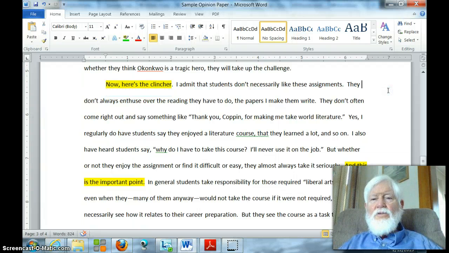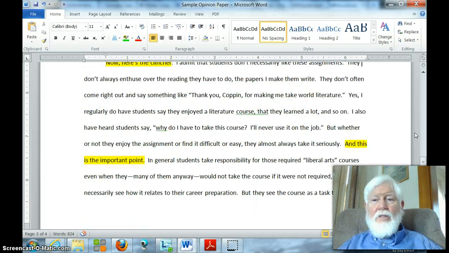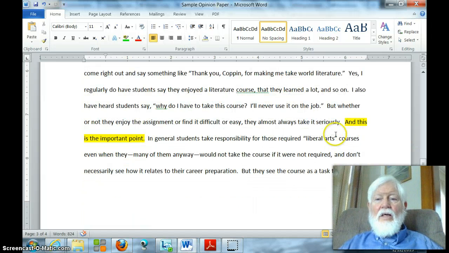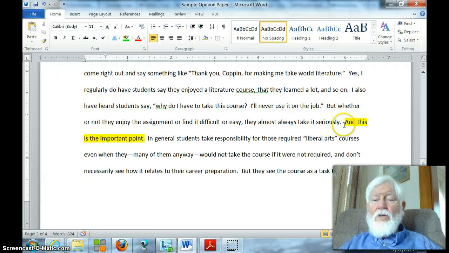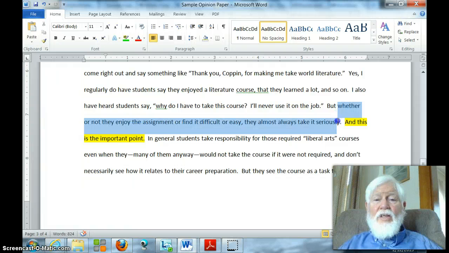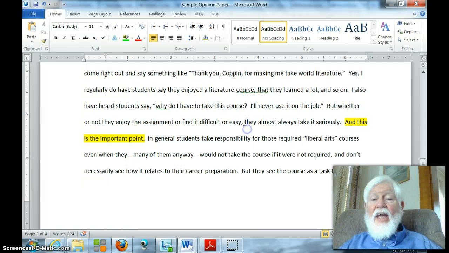I admit that students don't necessarily like these assignments. All right. And so on and so forth. We're leading up to the main point. Whether they enjoy the assignment or find it difficult or easy, they almost always take it seriously, and this is the most important point.